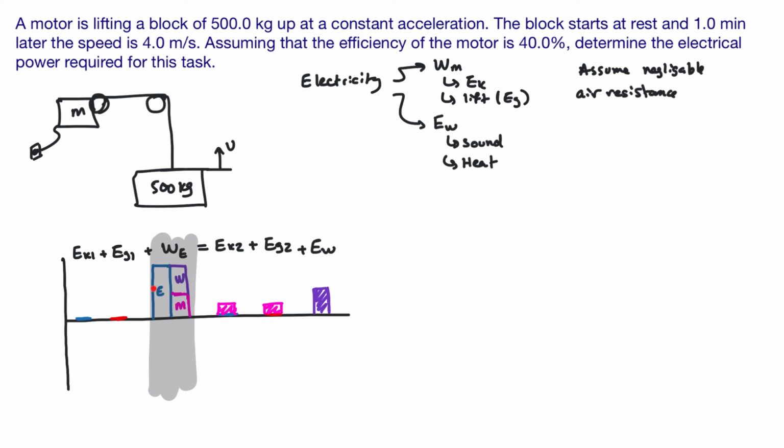So all of that electrical energy, some of it was wasted, the rest of it went to increasing the kinetic and gravitational energy. Okay, now we have a good idea about what's happening in terms of our energies. We know that the efficiency of the motor is 40%. We need the electrical power, so we kind of need to figure out what this value is, the work, and then use that to find the power.